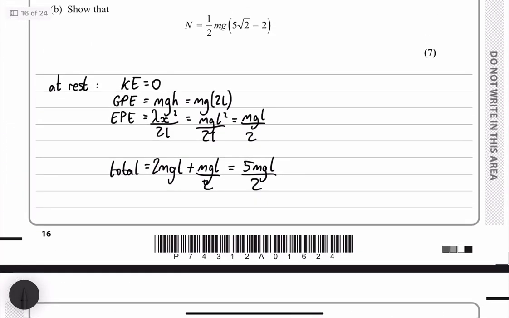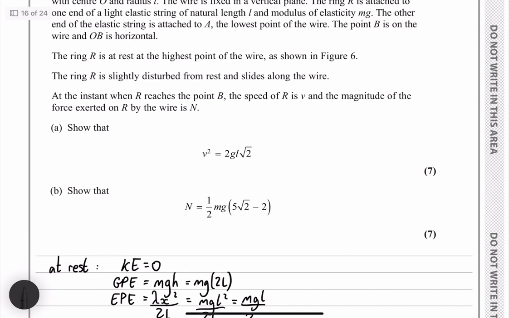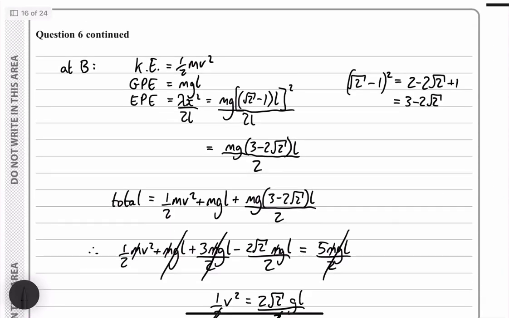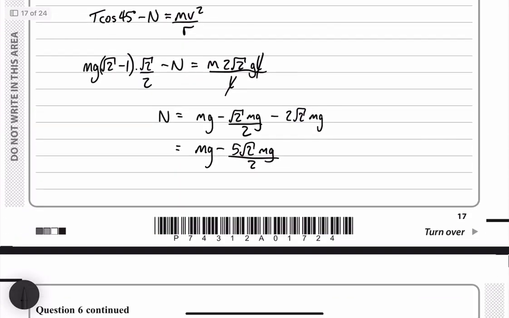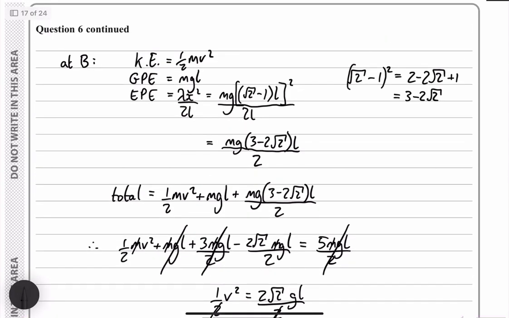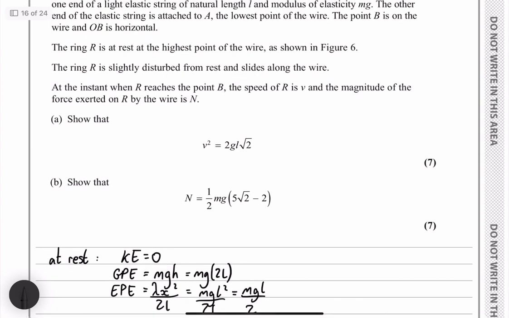How do we need this to look? Into brackets 5 root 2 and a 2, so we take out a half mg. That becomes 2 minus 5 root 2. Now that does not agree with what we've been given here, and that's because I should keep in mind this little word here, magnitude.